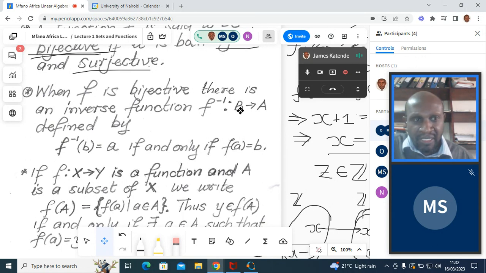Now this is reversed. It switches the codomain and the domain. The inverse function takes the codomain as the domain, and now takes the domain as the codomain. They switch roles.